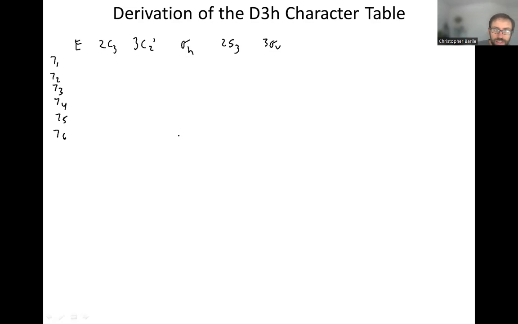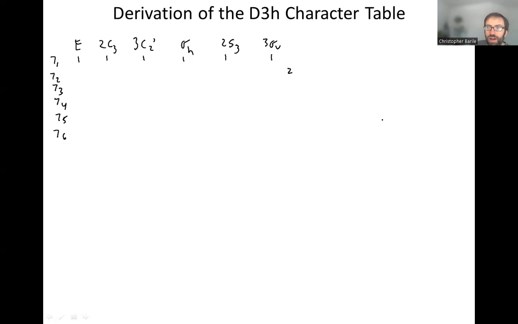All right, and so we know that gamma 1, the first irreducible representation for any character table, is equal to 1s across the board. It's the totally symmetric representation. The next thing we want to do is test functions. So we start with linear functions. Always start with z first.